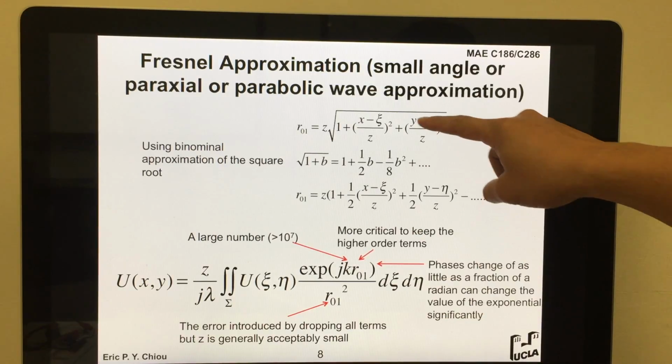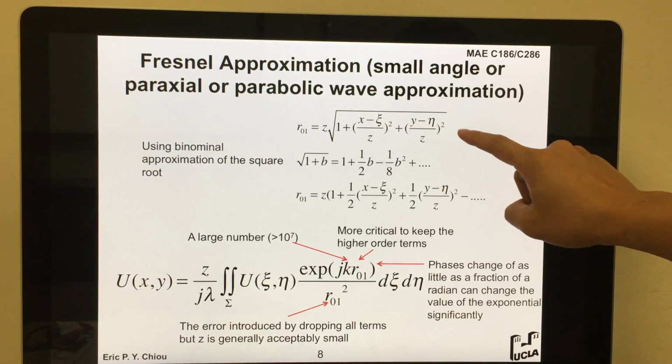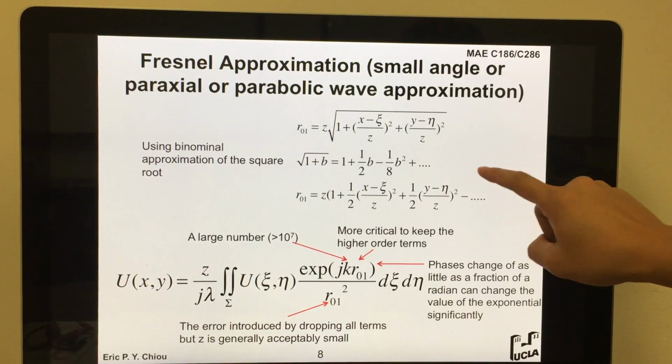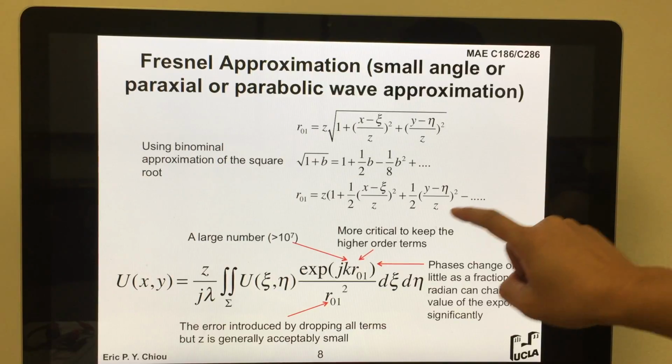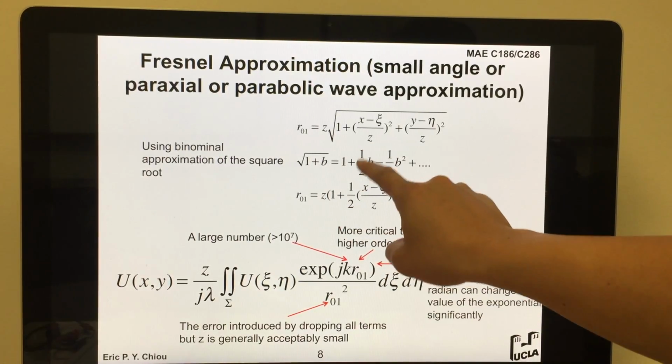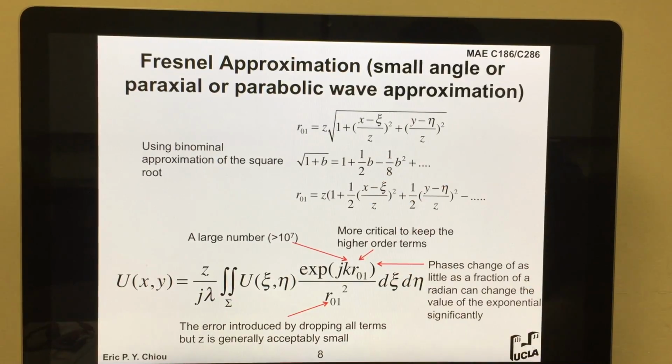When we expand this R01 into a series form, we try to keep either the first term or the second term, which is 1 over 2z here.